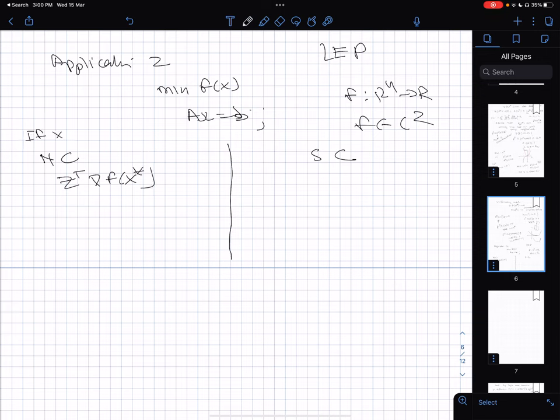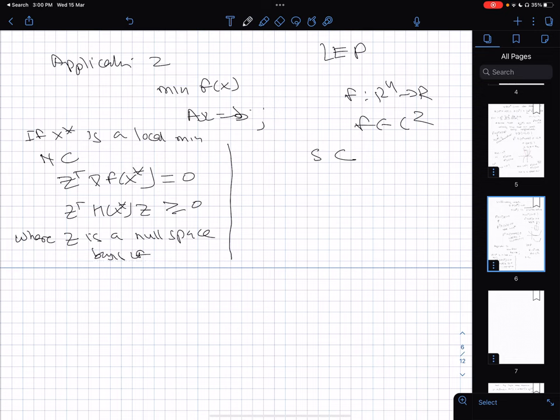If x star is a local minimum, then the projected gradient should be 0 and the projected Hessian should be positive semi-definite, where Z is a null space basis of A. So I will not give you the full proof, but I'll explain to you.